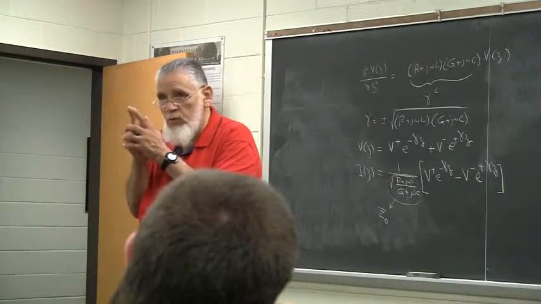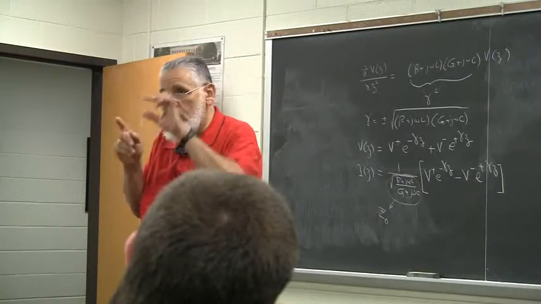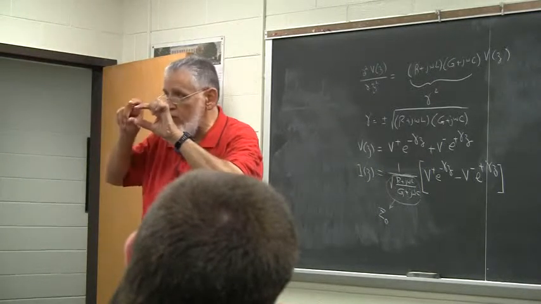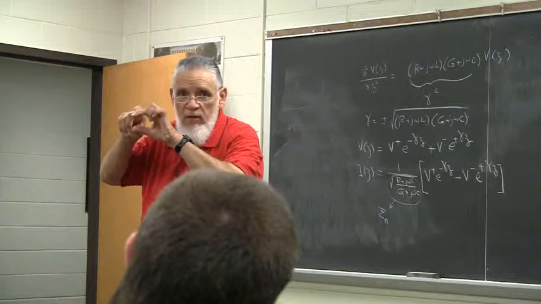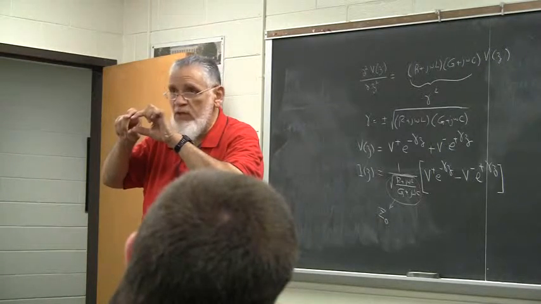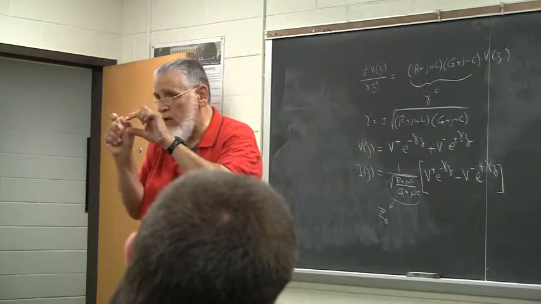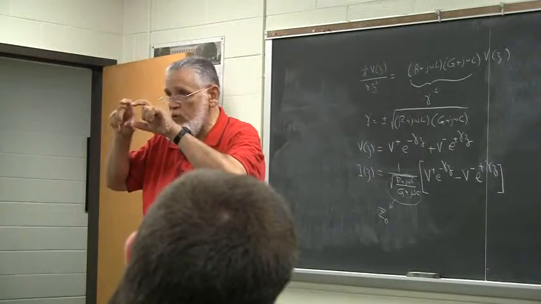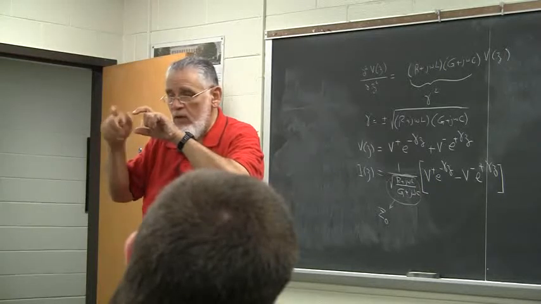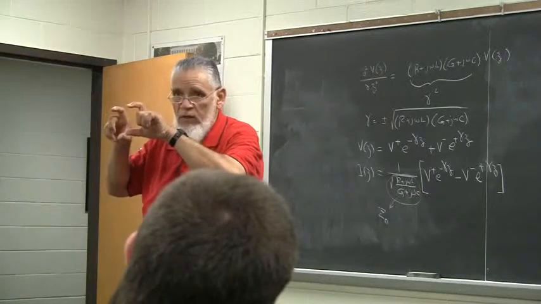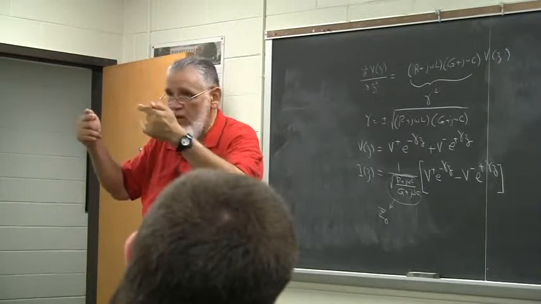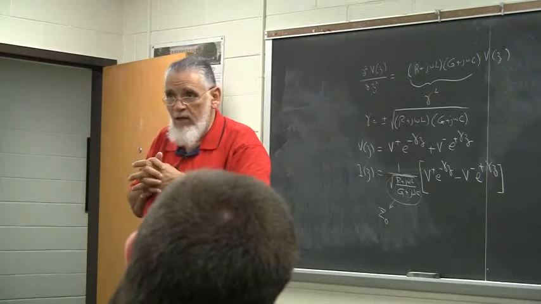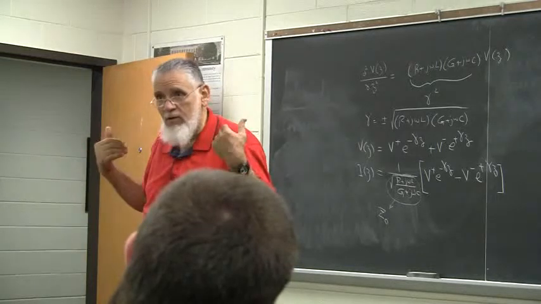So what we did is we took a small increment and we wrote the voltage at a certain location in terms of voltage at a location that's close to it, adjacent to it, a distance delta Z away from it. Right? So we wrote the two voltages in terms of each other and in terms also of the current, V of Z plus delta Z, I of Z plus delta Z. We wrote the KVL and KCL, which are again developed from field theory.